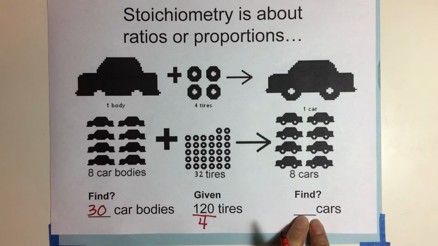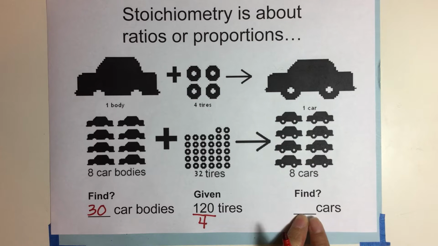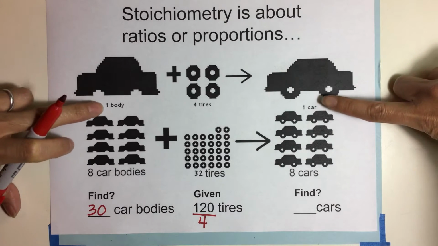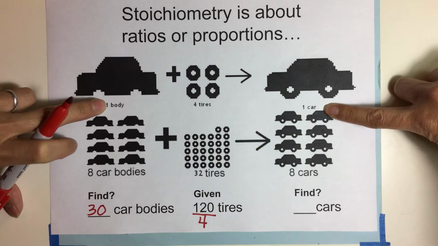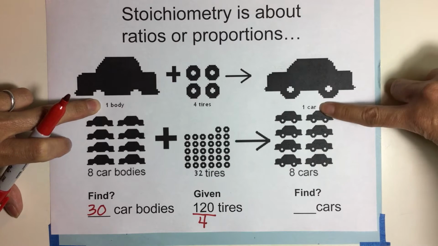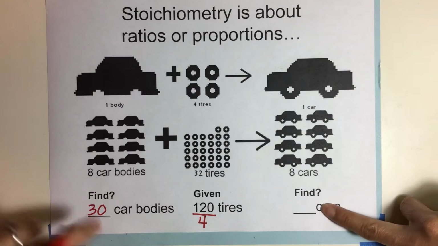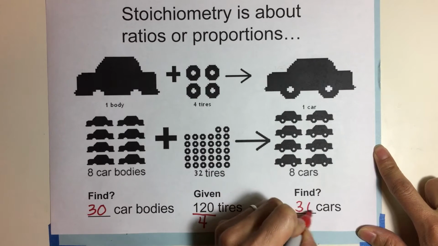So how many cars would you be able to make out of that? If you've got 30 car bodies and 120 tires, the easier ratio relationship is between the bodies and the cars. For every 1 body, there's 1 car produced. So if you have 30 car bodies, that would be 30 cars.